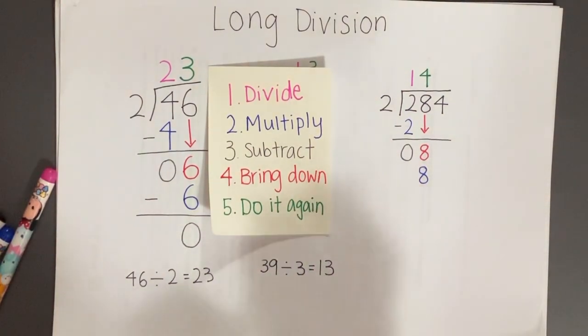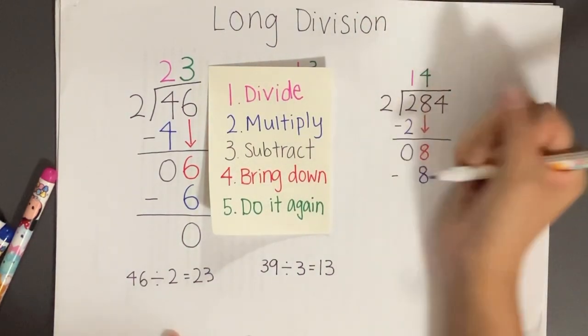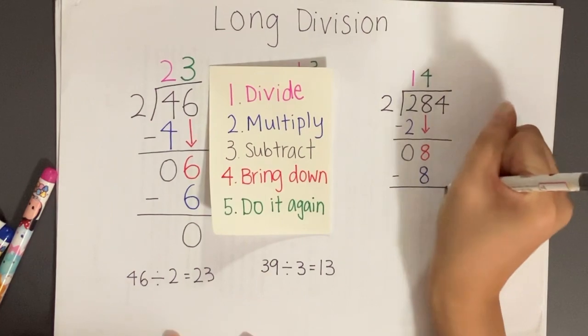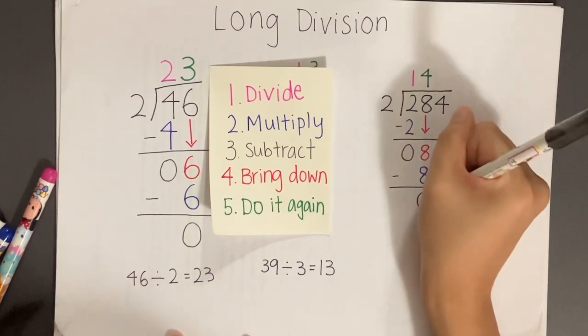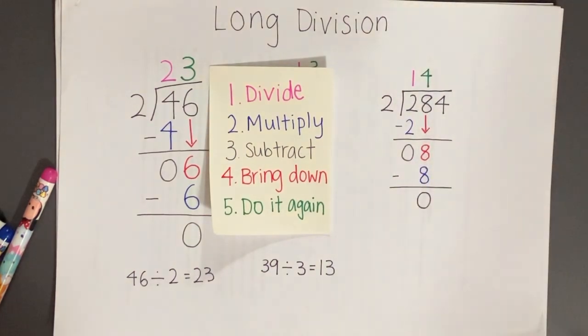Okay. Now, third step, I need to subtract. 8 minus 8 gives me 0. Okay?